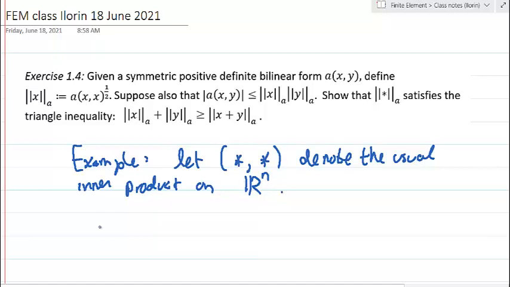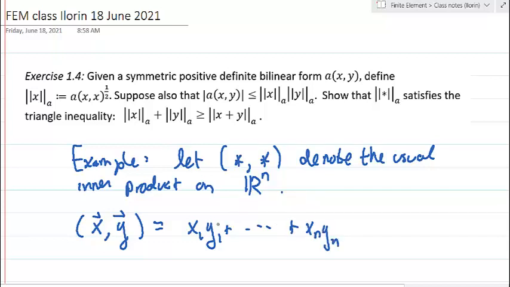Now the usual inner product can be written like this, parenthesis x comma y. You may know this as x dot y. It's the same thing. I can define this as x1 y1 plus dot dot dot plus xn yn. I'll just remind you that x indicates this vector with n components, and y indicates this vector with n components.